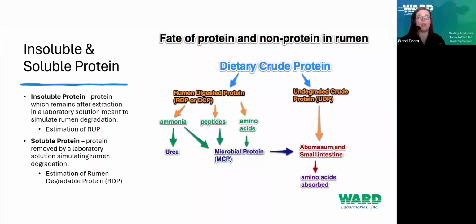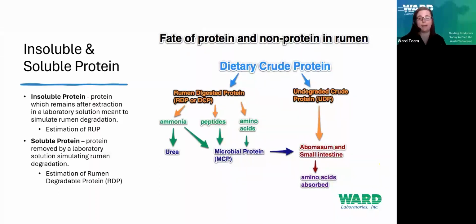And then we have rumen digestible protein, or RDP, which as soon as that hits the rumen, the microbes break it up into peptides, amino acids, ammonia. That ammonia can get turned into urea or back into microbial protein. That urea goes and is absorbed in the rumen wall, and we know that there's that nitrogen recycling that happens with beef cattle and other ruminants.